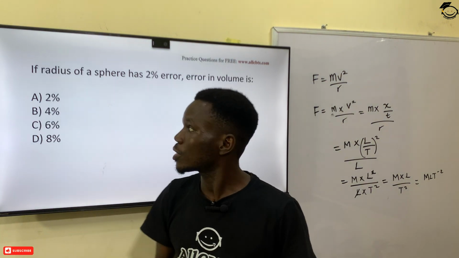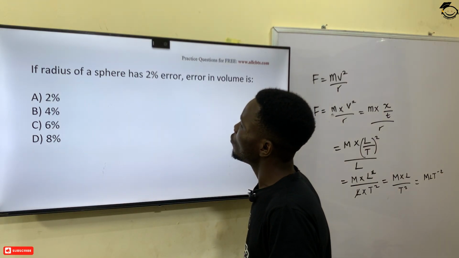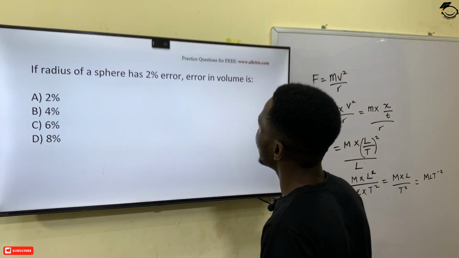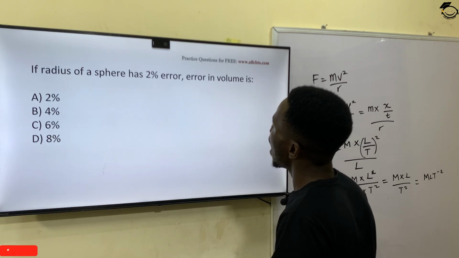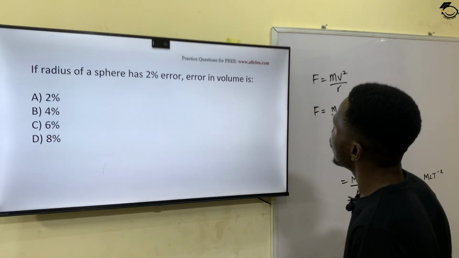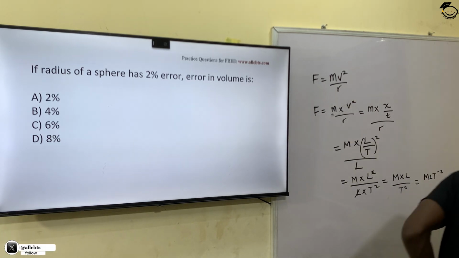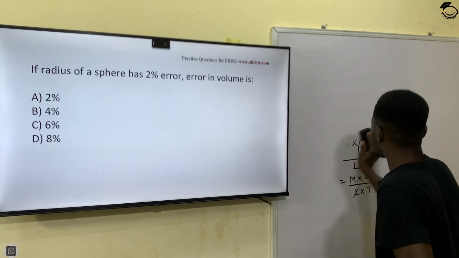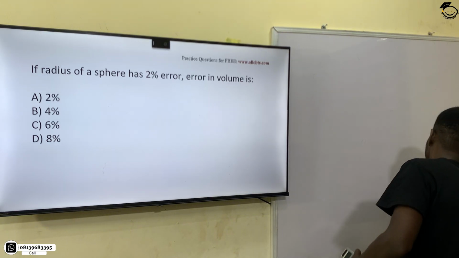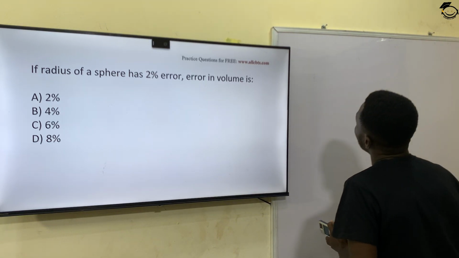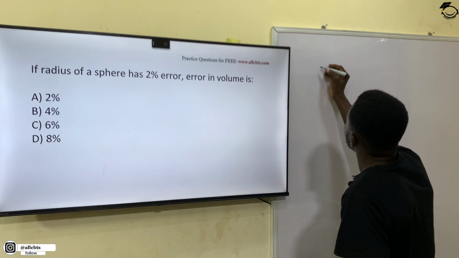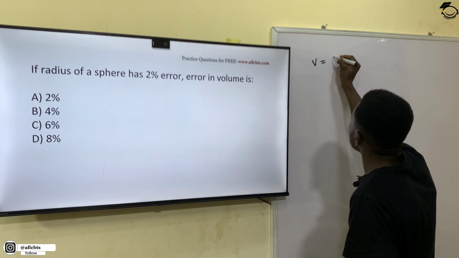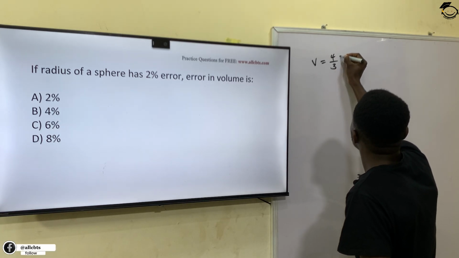So that takes us to the next question, which is, if the radius of a sphere has 2% error, the error in volume is dash. So if the radius of a sphere has 2% error, we know that the volume of a sphere is 4 over 3 pi r cubed.